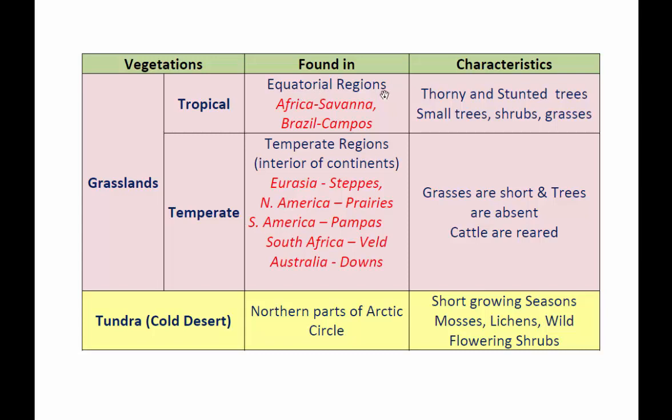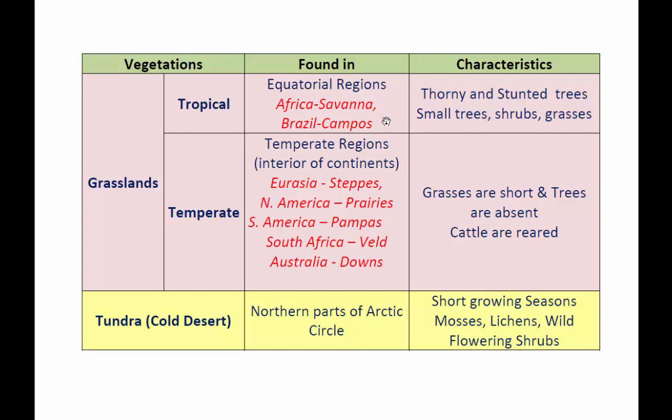Equatorial regions lie between the Tropic of Cancer and the Tropic of Capricorn, isn't it? In Africa they are known as savanna. Let us repeat again, savanna. Whereas in Brazil the tropical grasslands are known as campos.